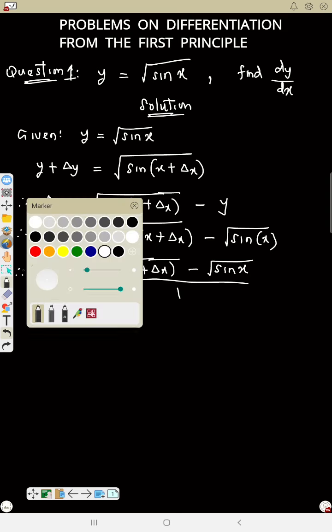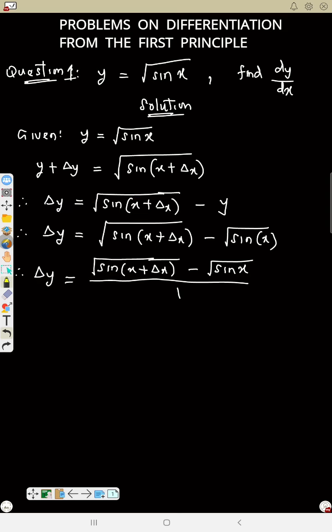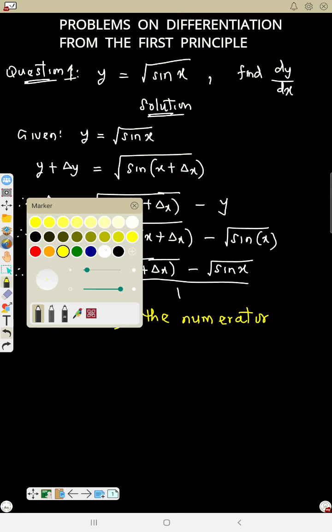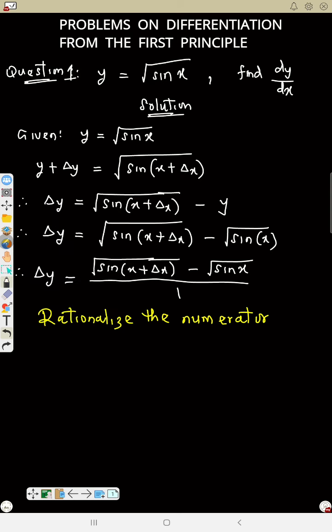So I will now rationalize the numerator. If you are rationalizing the numerator, that means you will write this twice, but you will change this sign to plus. So that's what we'll do in the next step.